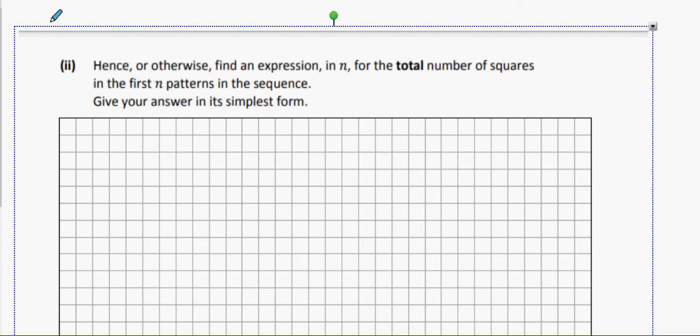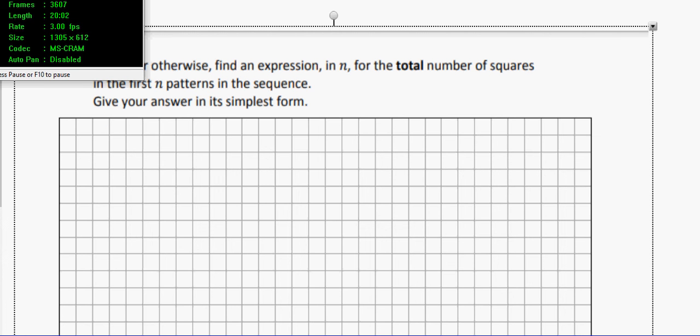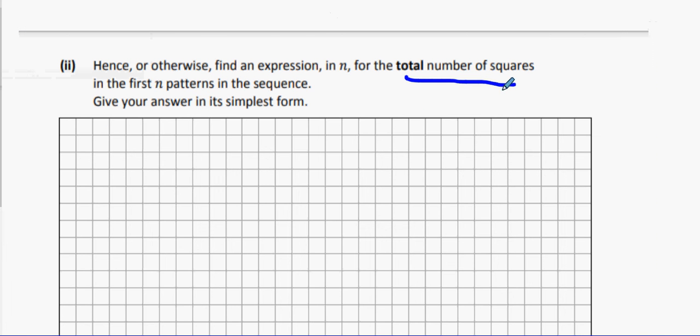Okay, I'll have a think. Once again, the total number of squares is your grey plus your white, and it's the sum of the series, so it's the Sn for the grey series and the Sn for the white series.